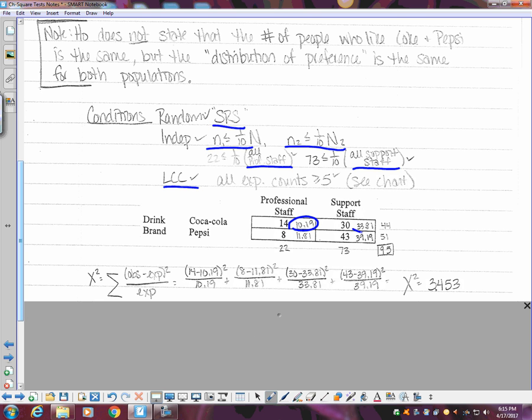To get these numbers, just make sure you're cool and understand how to get those numbers. You need your totals, which they didn't give you. A lot of times on a two-way table, they're going to give you your totals, but they didn't give you totals on this one. So again, remember it's column total times row total over total total.